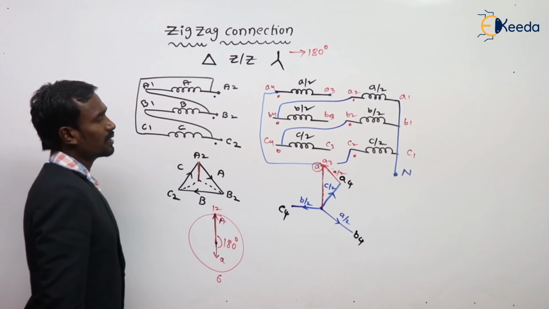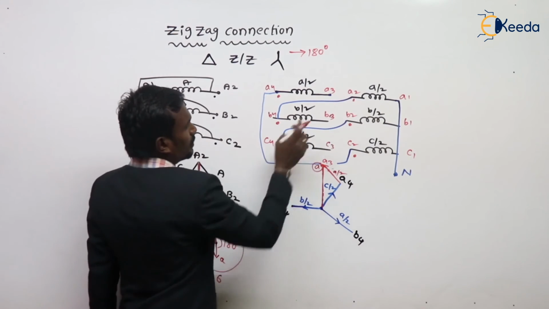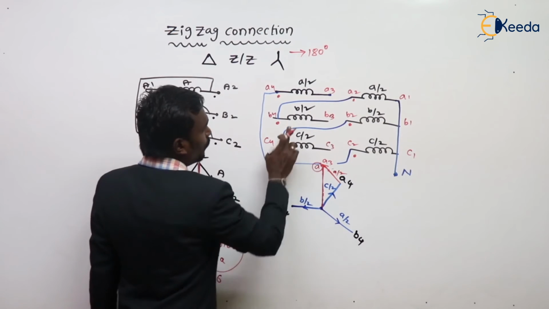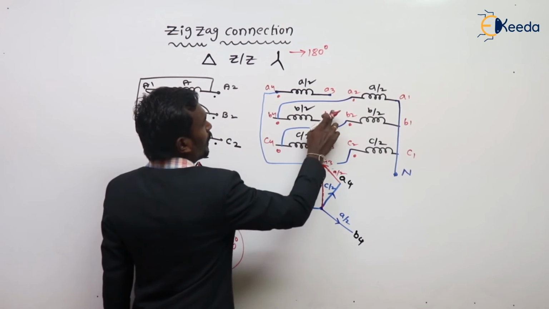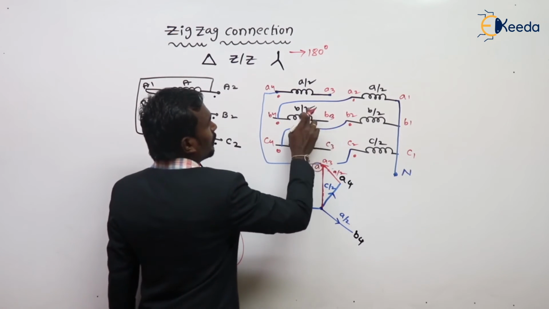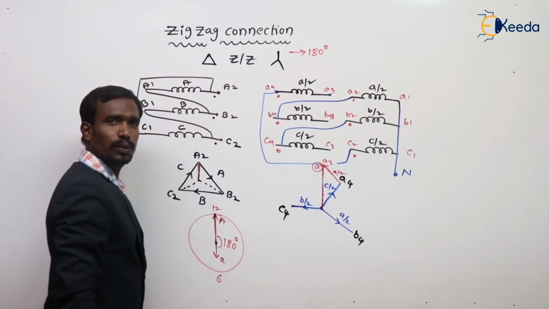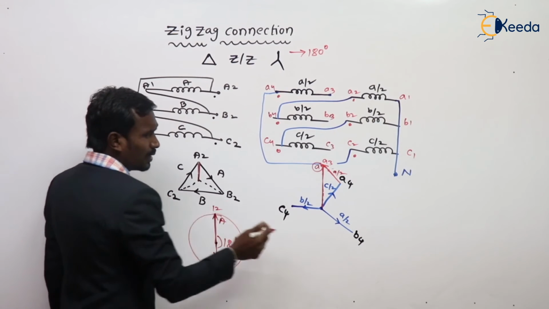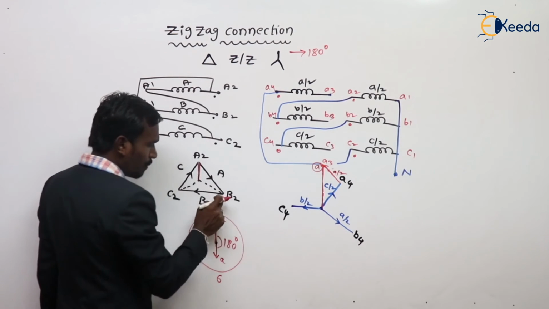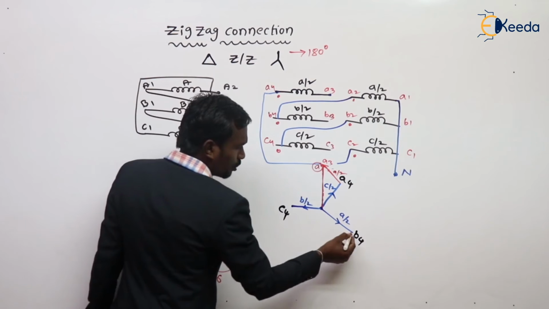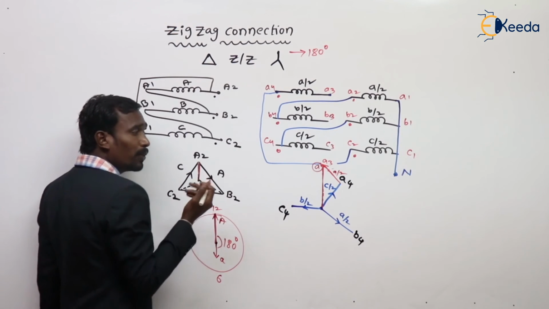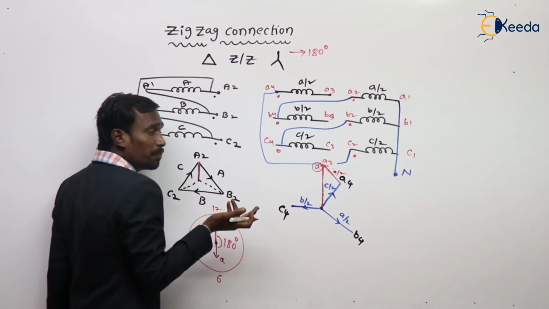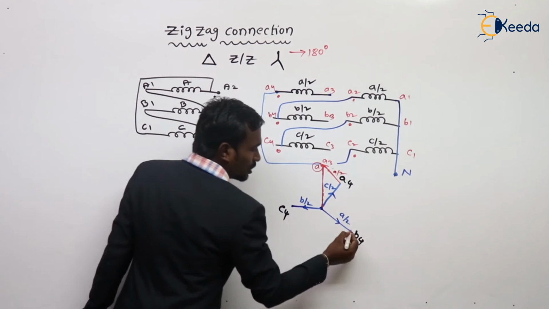Okay. Next, from B4 to B3, B by 2. Yes? So where is my B? My B is like this, so here also my B is like this. Here also it should be in the opposite direction, because it is subtractive manner, right? Opposite direction.